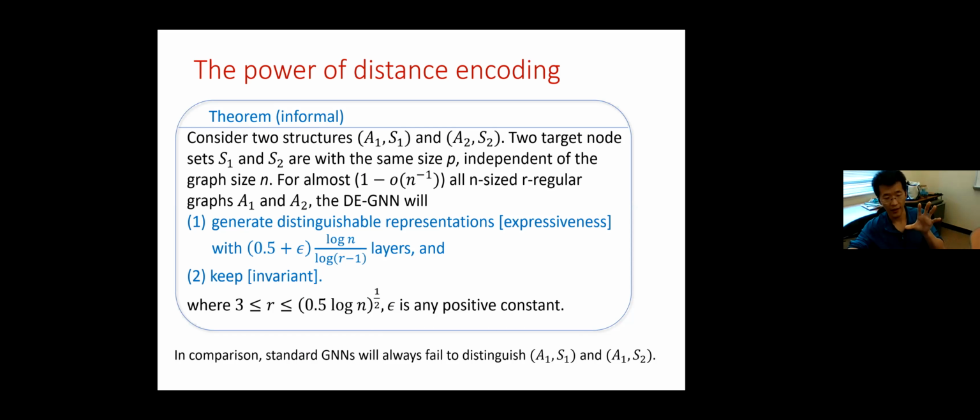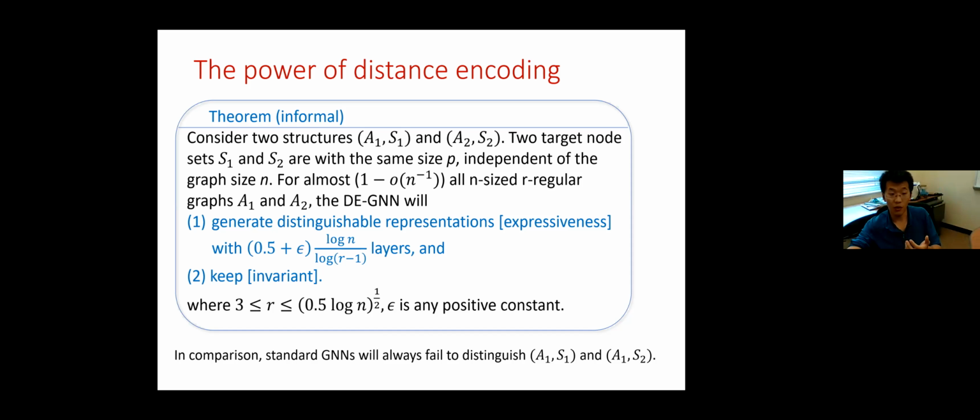So with this many layers, our DE-GNN can distinguish these two structures. And of course, the previous definition of the distance encoding also keeps the model permutation invariant. But maybe you wonder why we choose these regular graphs.